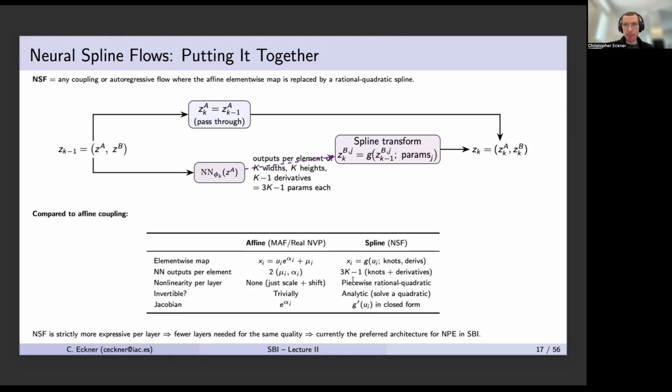You can look it up in the paper that I put there as a reference. And there's also a closed form for the derivative of these spline functions that is also given explicitly in this paper. So this can all be done and implemented very easily. And because of the expressivity that you give to this particular framework, it uses much less space on a GPU and many fewer layers than you would use for these MAF normalizing flows.